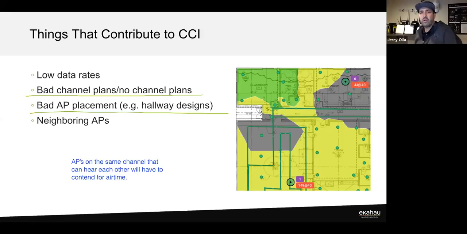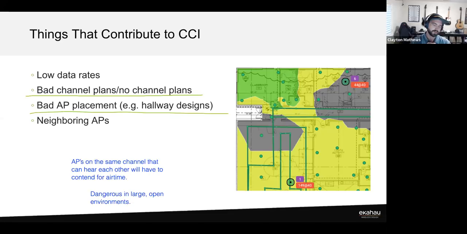Why, in a large open environment, does AP placement have to do with co-channel interference? Well, in large open environments, again, everything can hear each other, like conference centers, for instance, right? And so bad AP placement could come down to antenna selection as well. So it's not necessarily bad AP placement; it could be bad antenna placement, right?